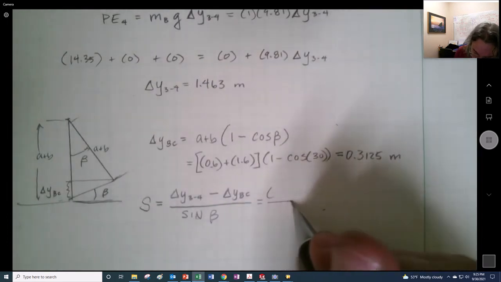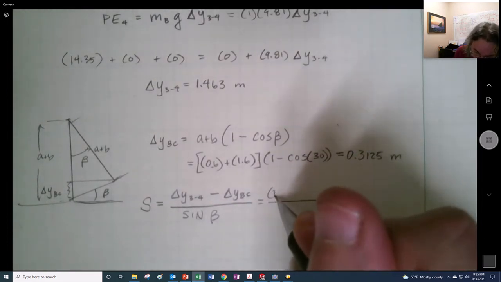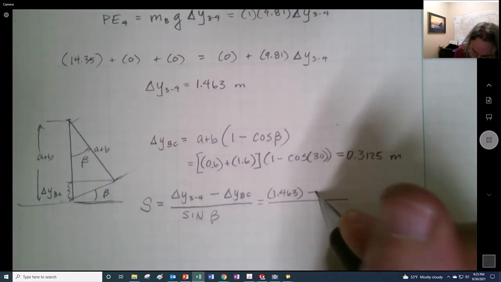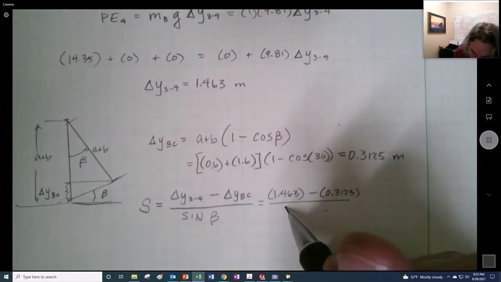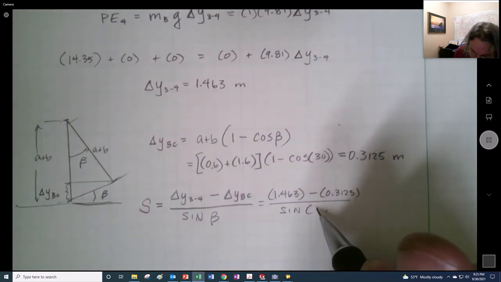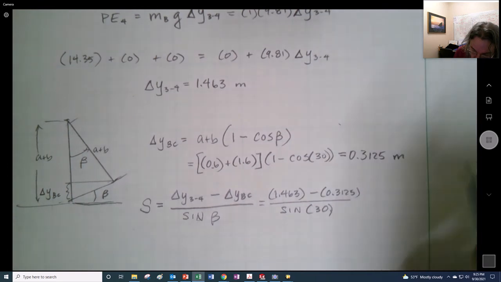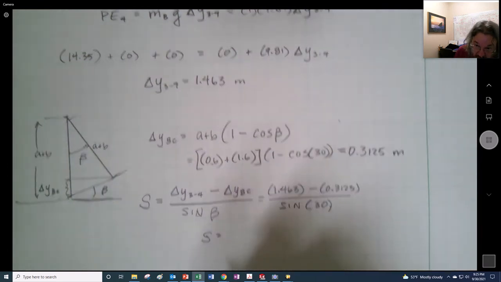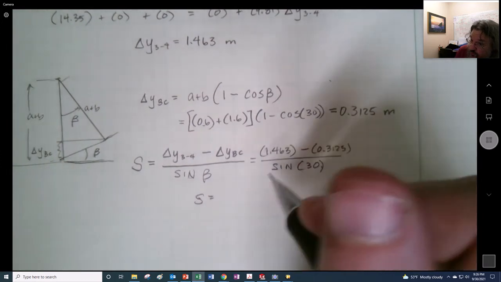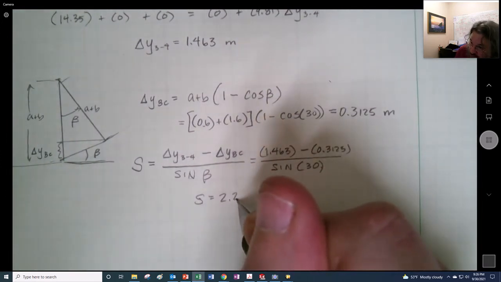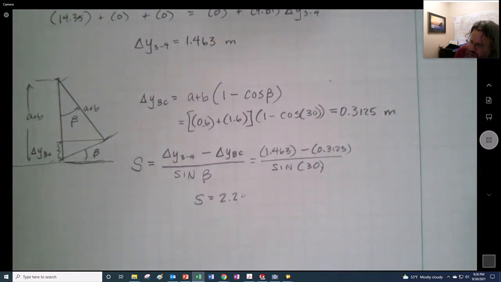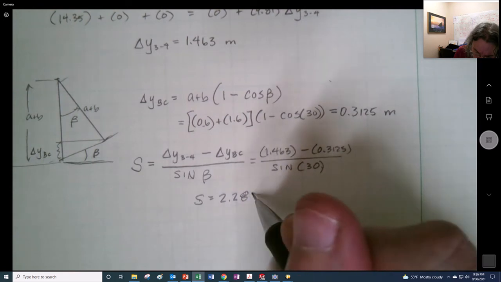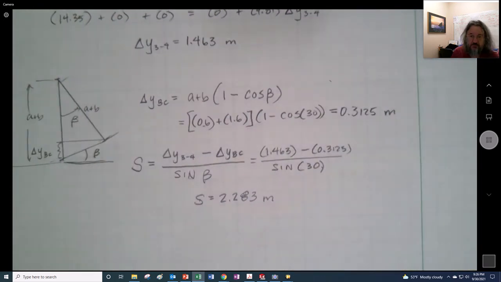So we go 1.463 minus 0.3125, which gives us this elevation change, and then divide by the sine of 30 degrees. And we get S equal to 2.283 meters. Yay! That was part A.